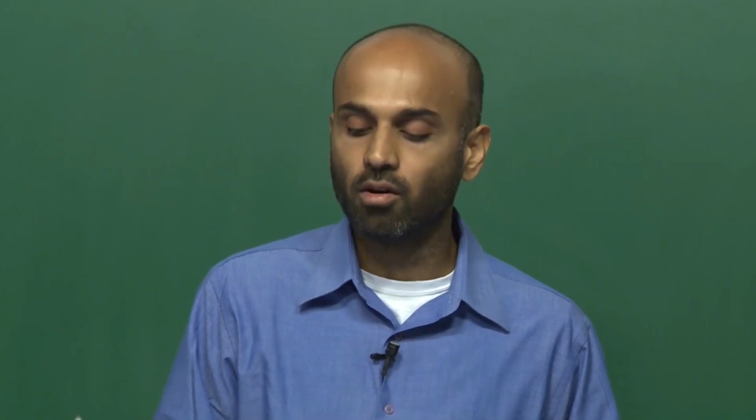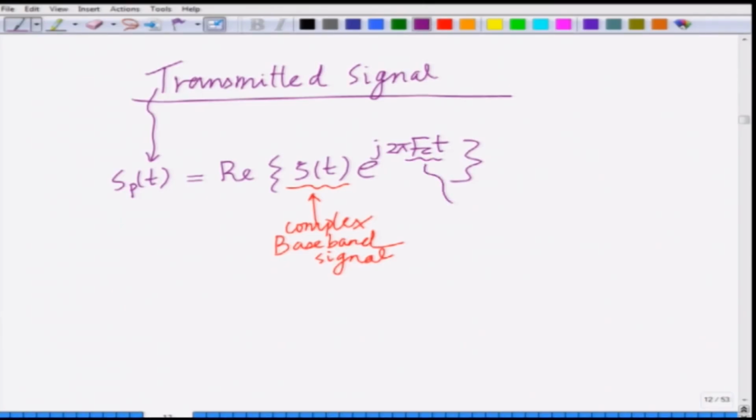This is transmitted over the radio propagation channel. So, Fc basically denotes the carrier, and e to the power of j 2 pi Fc t denotes the modulation with the carrier frequency. Fc denotes the carrier frequency, s of t is the complex baseband signal, and this Sp of t is termed as the passband signal.